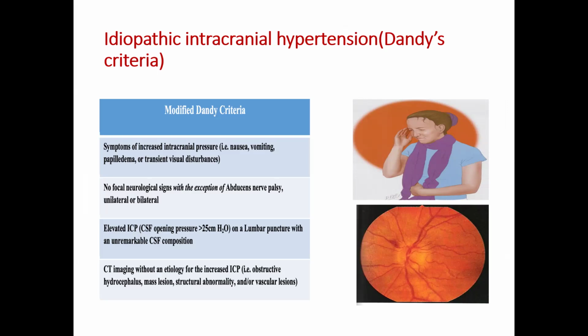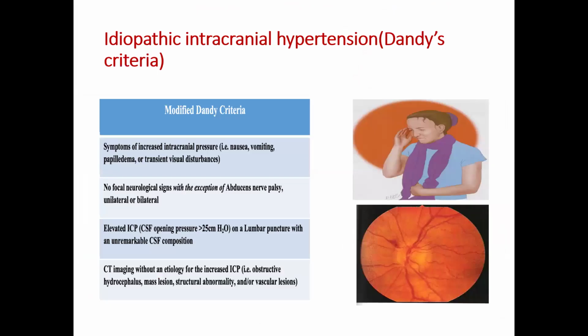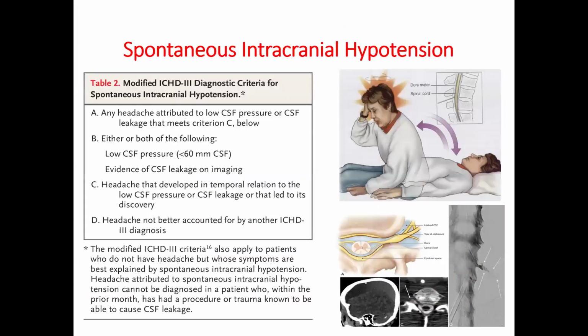I talked more about this in the headache presentation. Please look it up. But all of these are associations with EDS. This is the reason I brought it to your attention. So remember Arnold-Chiari, and then idiopathic intracranial hypertension.